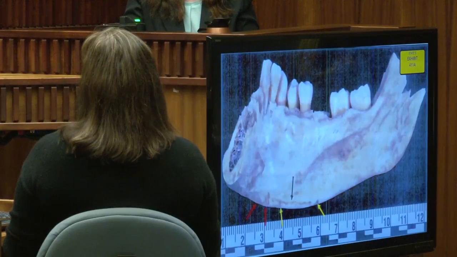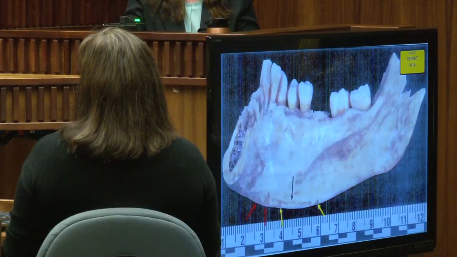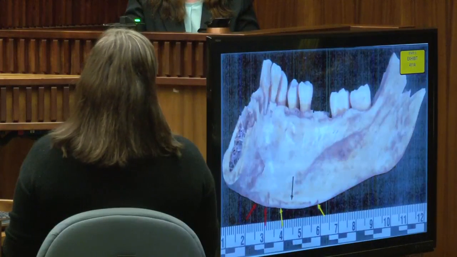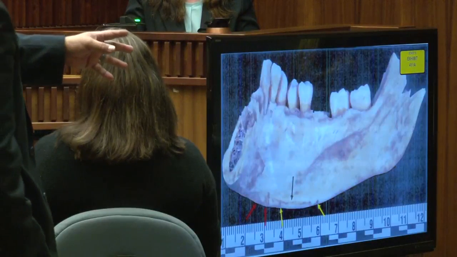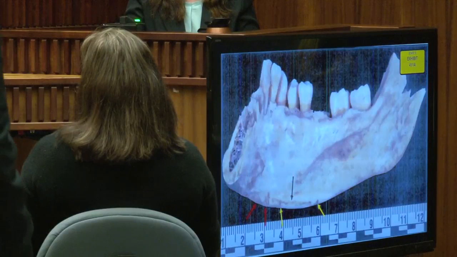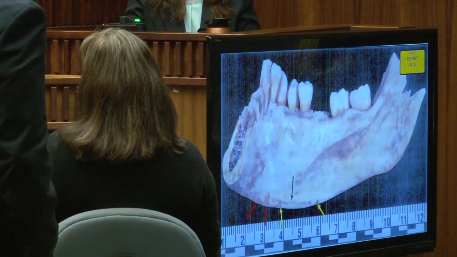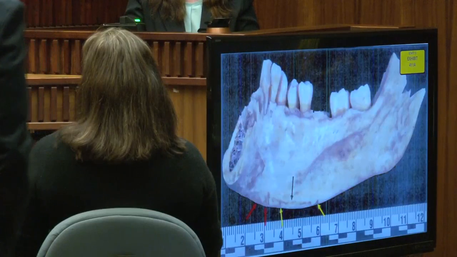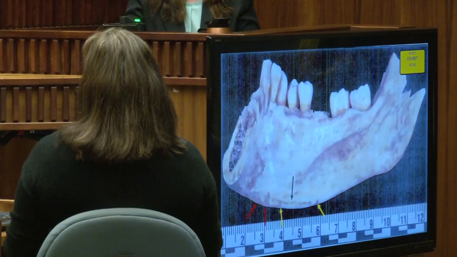Is that correct? That is correct, yes. Have you ever been assigned to any case where what you have essentially is two pieces of a jawbone, some teeth, the palate, and the long bone? Yeah, it's actually very common for us to receive fragmentary remains. So you've worked these type of cases before? Yes.